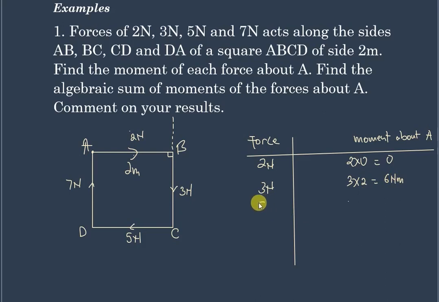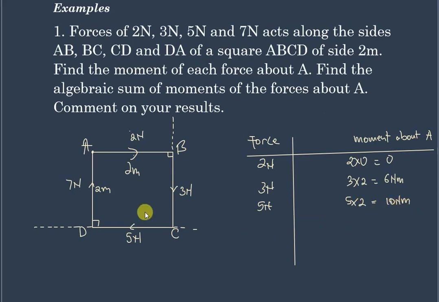The other one is the 5 Newton force. This force acts along this line, and perpendicularly that line is at a distance of 2 meters from the point A. So force times perpendicular distance from the point A to the line of action of the 5 Newton force: we have 5 times 2, getting us 10 Newton meters.